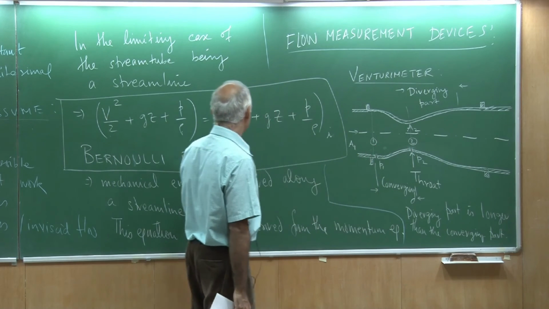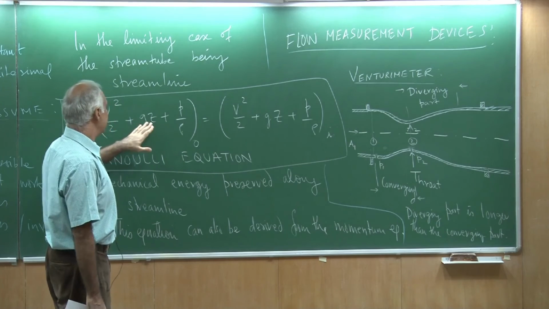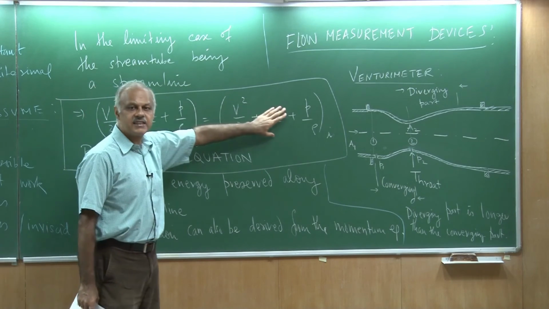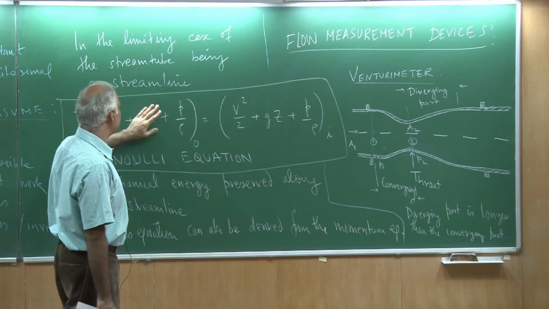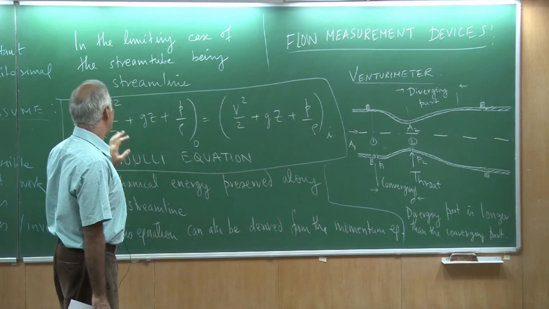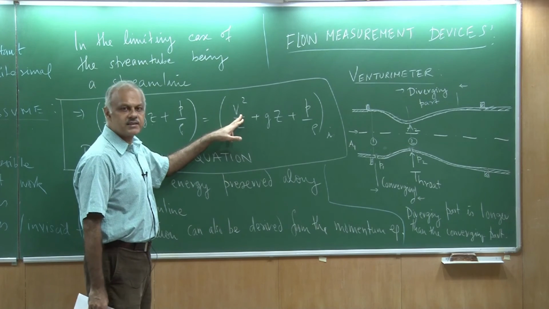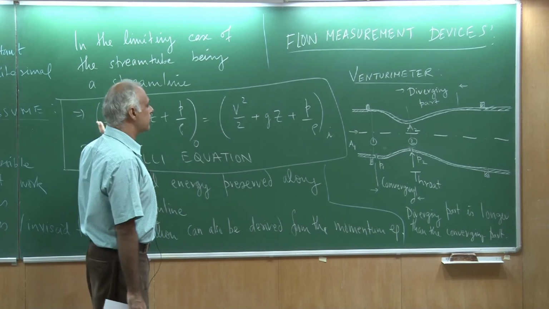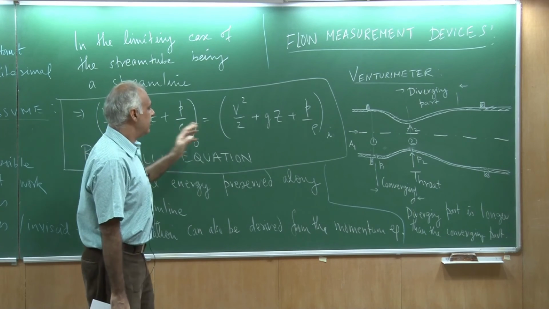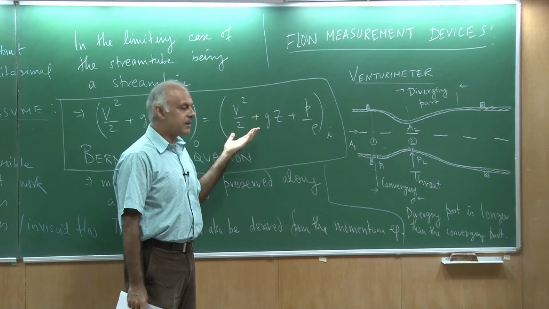And from the Bernoulli equation, you can imagine I do not have the gz term because they are at the same level, so I can ignore them. And if my velocity at section 2 is larger compared to the velocity at section 1, the pressure would behave in an inverse manner.